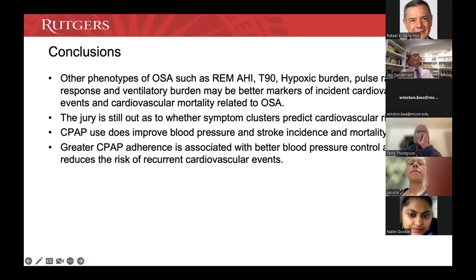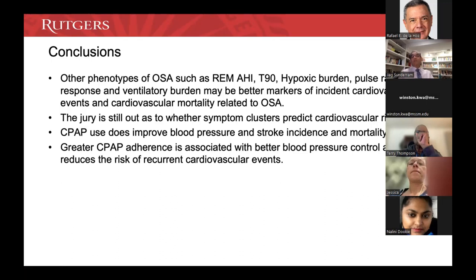There may be other phenotypes of OSA, such as REM-AHI, T90, the hypoxic burden, pulse rate response, or the ventilatory burden, that may actually be better markers of incident cardiovascular disease events and cardiovascular mortality related to OSA, and maybe that is what we should start looking at, not just the AHI.